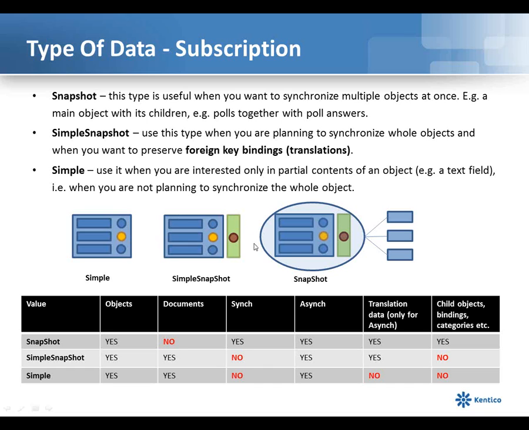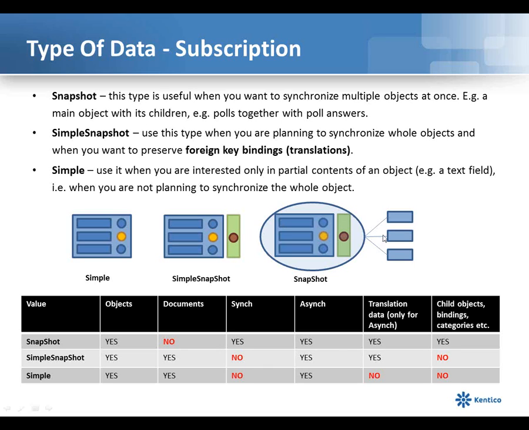So if you subscribe to an object which is a simple snapshot, it will give you the object, plus it will give you the translation table, or it can give you a translation feature, and you can translate the foreign keys in the code. So ID 5 to match ID 15 or whatever else is in the external system.